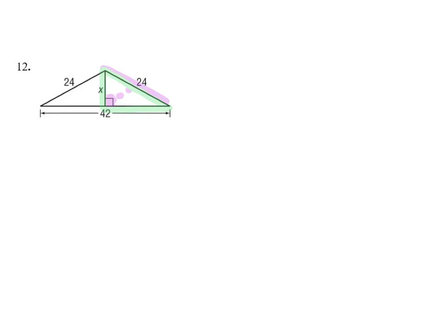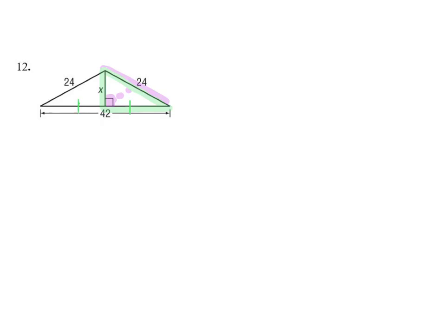Because the triangle has a segment going through the middle, going through the vertex down to the base at 90 degrees, we can safely say it's a perpendicular bisector, which means this bottom piece is split in half.